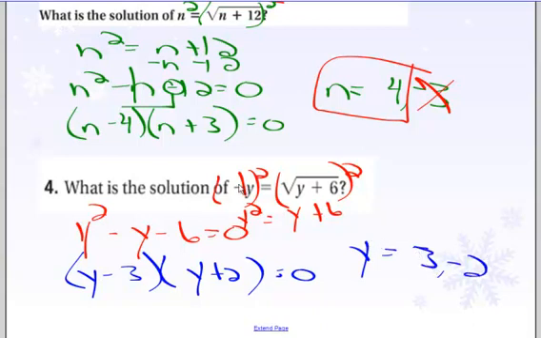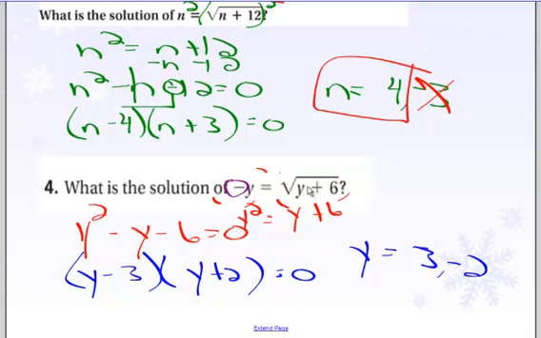Now when I plug this into my original, so if I clear some of this ink out of the way, the original problem, I'm taking the square root and I'm supposed to get negative over here. So that means if I have a negative times a negative, that's what I wanted. But if I have a negative times a positive, this stays negative. So we just want to plug them in.